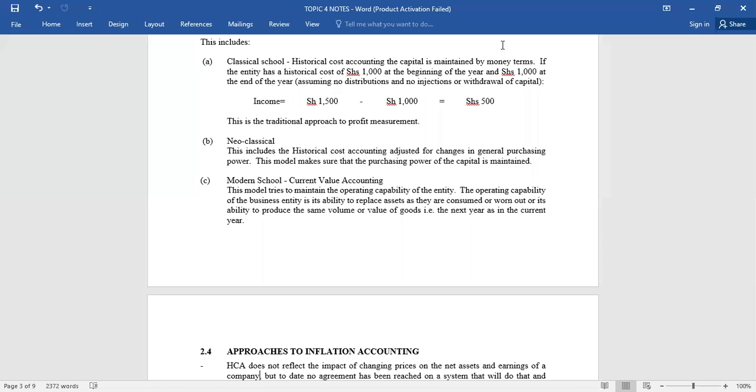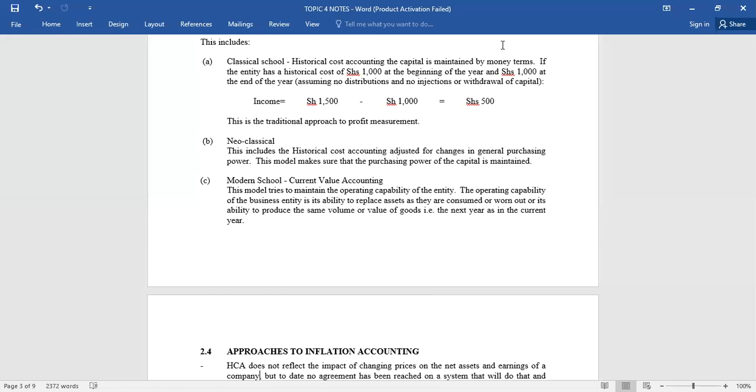It makes sure that the purchasing power, if you recall, when you are doing the accounting for the foreign currency transactions, we were involving some rationale where we could argue, depending on the prevailing situations, we could accept either to go with the exchange rate at the domicile company's end or at the holding company's end. That is neoclassical. And then we have the modern school, where we do now the current value accounting.